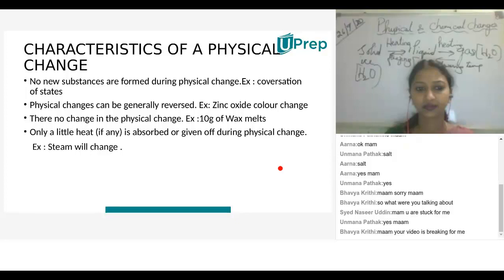And there is no change in the absorption or giving out of energy. How much it is absorbing, that much it is giving out when the change completes. That means the same energy will be retained. Any doubts? No, ma'am.